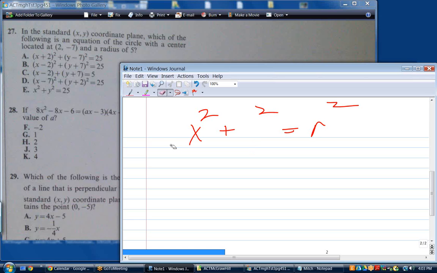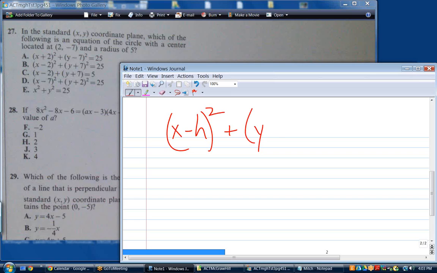But the general equation, regardless of where the center is, and you want to memorize this, where H and K are the center and R is the radius. All right. So which one fits this? It would be B. Good.